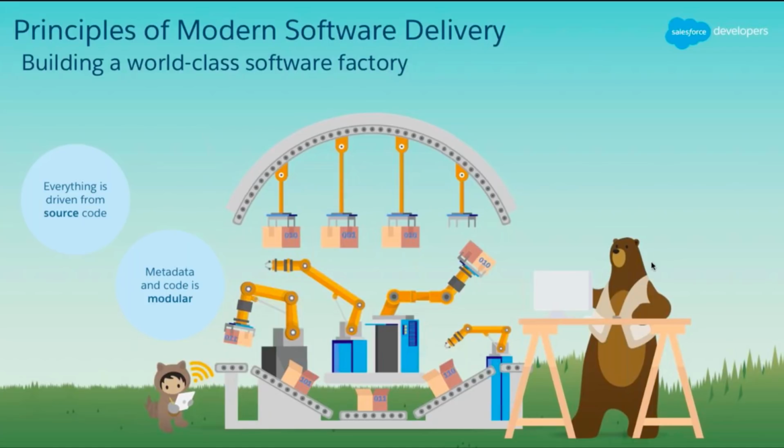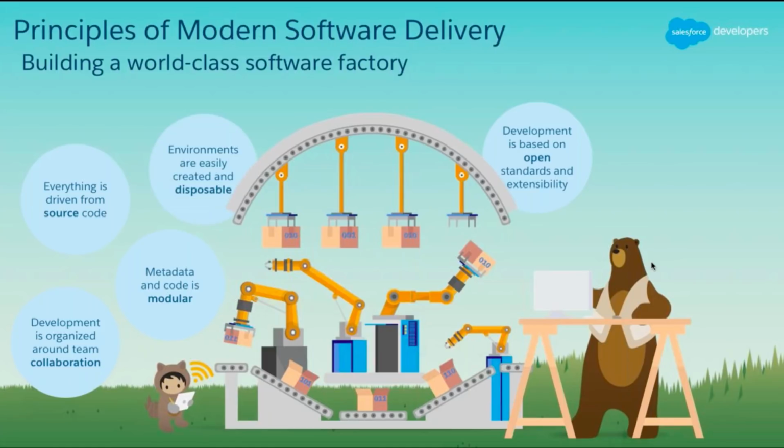And then it should be modular. You should be able to build your project in the form of modules which can be easily assembled and delivered, and team collaboration has to be supported. You should also stick to some open standards so that it will be easy for you to manage and for other people to understand. And you should have environments that are disposable. If something goes wrong in an environment, you can just dispose of it and create a new one.